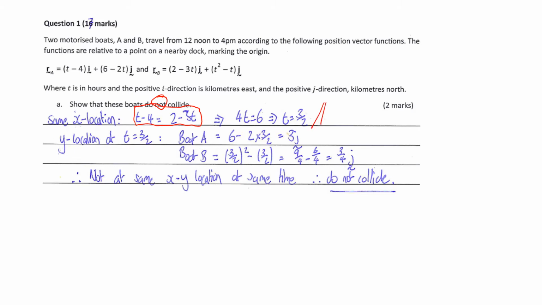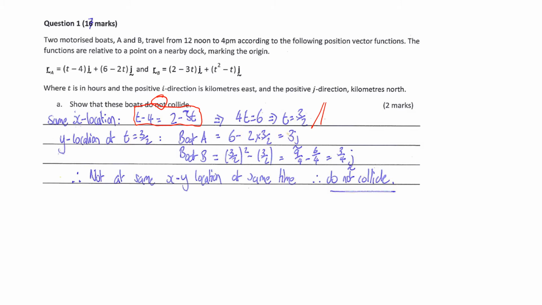Okay, so after 1.5 hours, they're at the same east-west location. Now of course, if they're at the same y location, north-south location, at t equals 1.5, then they have indeed collided.